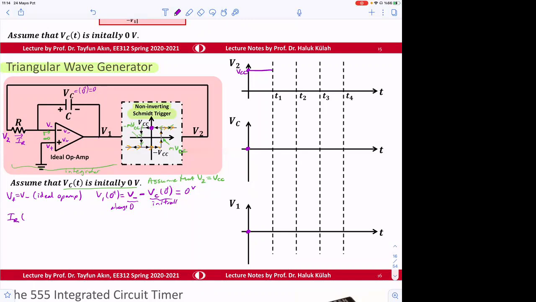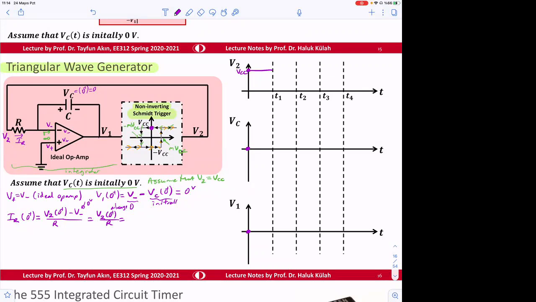So IR at 0 plus is going to be equal to V2 0 plus divided by R. Actually, V2 0 plus minus V minus, which is 0 anyway, 0 volt. So therefore, it's going to be V2 0 plus divided by R. What is V2 0 plus?